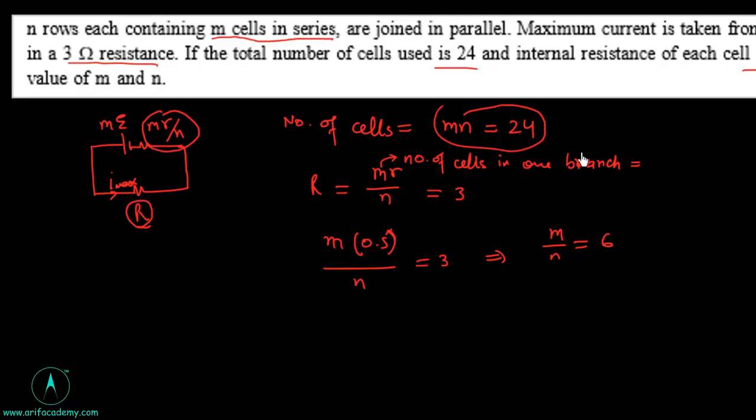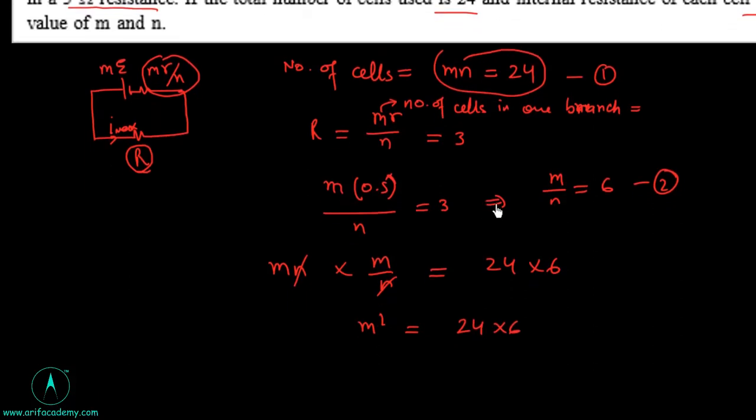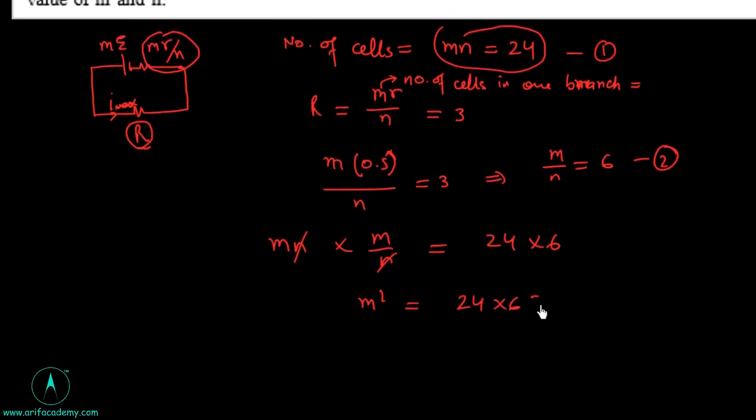So we have this as the first equation and this as the second equation. If I multiply these two equations, that is mn into m by n, it equals 24 into 6. So m square equals 24 into 6, that equals 144.